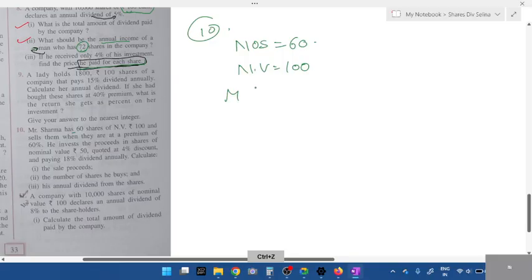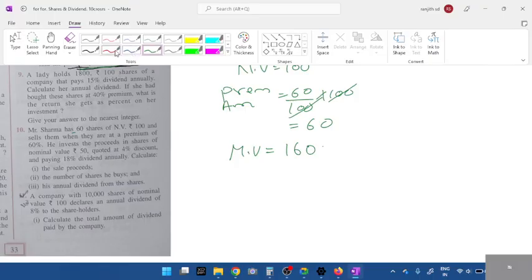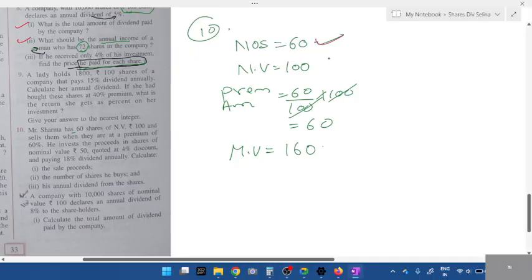What is the premium amount? 60% of the nominal value, that is 60. So what is market value? 160. He had a total of 60 shares.